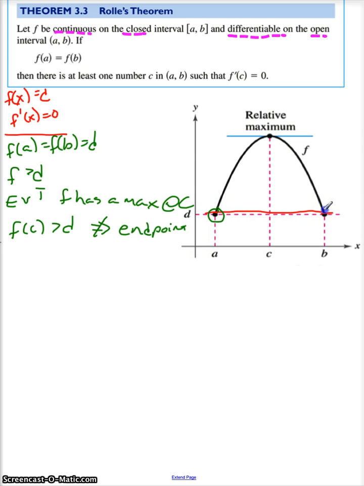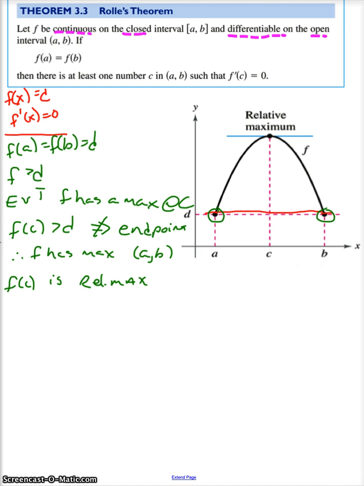So we know we're going to exclude the endpoints there. So, therefore, f has a maximum on the open interval. This also implies that f(c) is a relative maximum.